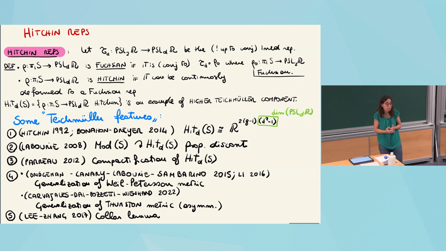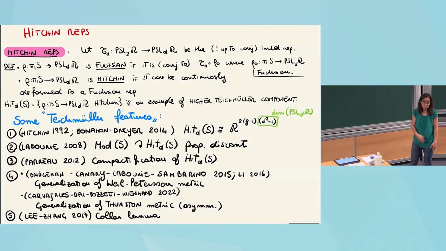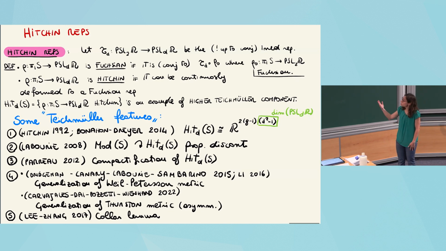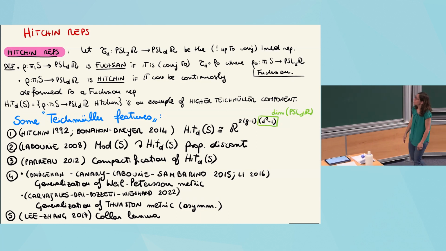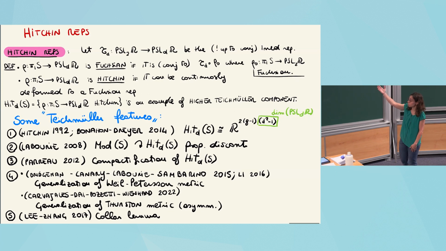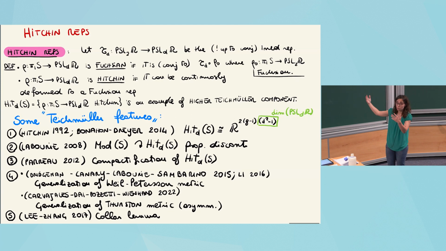But the theorem is that all the representations in this component have very nice geometric properties. Some of the nice features that we have seen before for Teichmüller space, well, you might say maybe they weren't randomly chosen, but they are true in the Hitchin component setting, and in fact in much more generality.